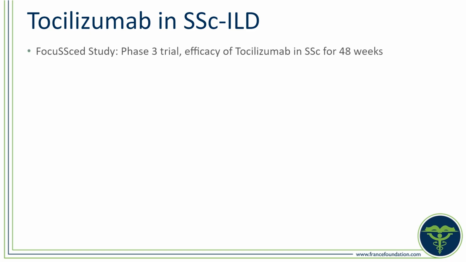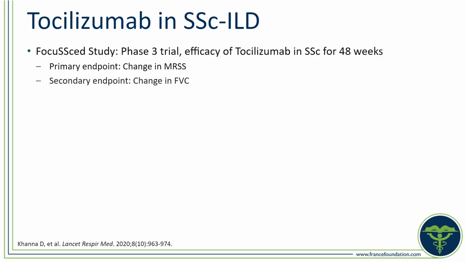The FOCUS study was a phase 3 trial looking at the efficacy of tocilizumab in systemic sclerosis for 48 weeks. The primary endpoint here was a change in modified Rodnan skin score, with a secondary endpoint of a change in forced vital capacity. 210 patients were randomized to either receive tocilizumab 162 milligrams weekly compared to placebo.